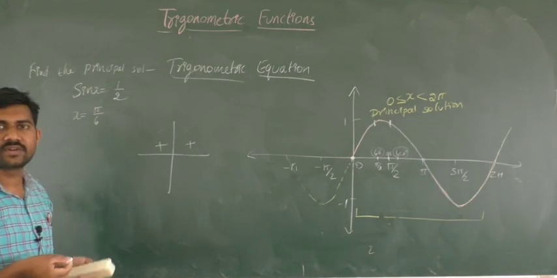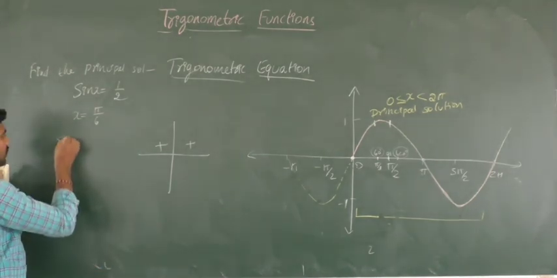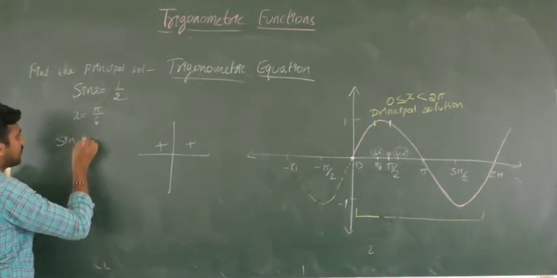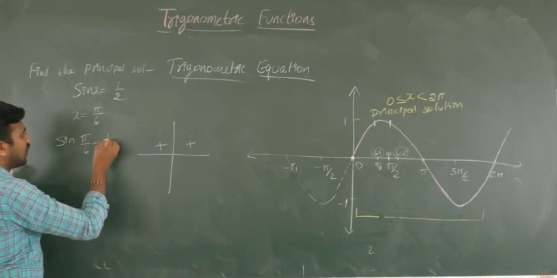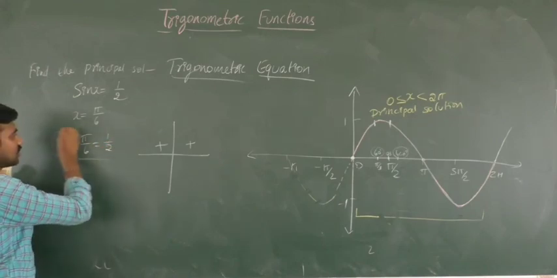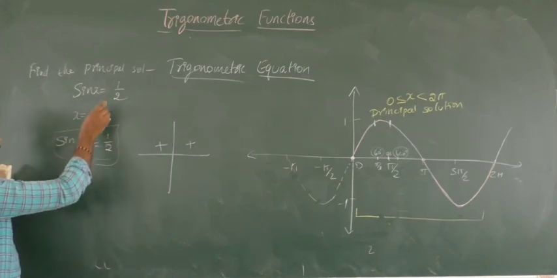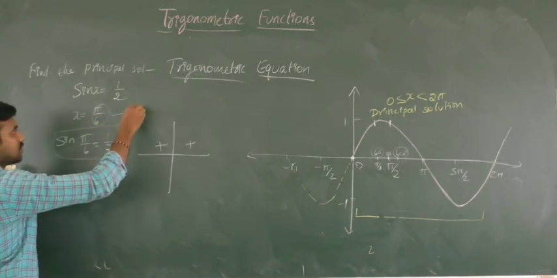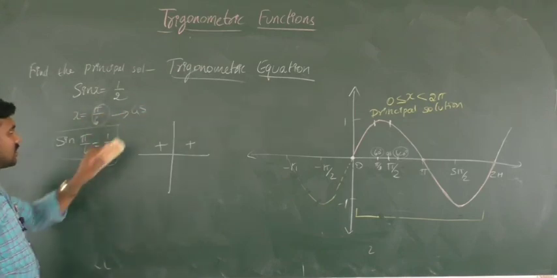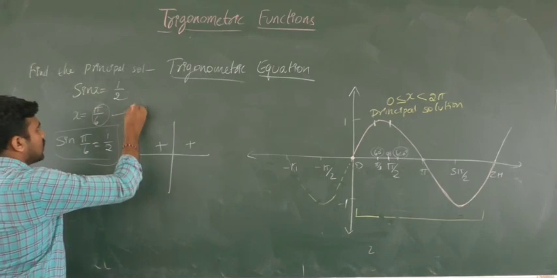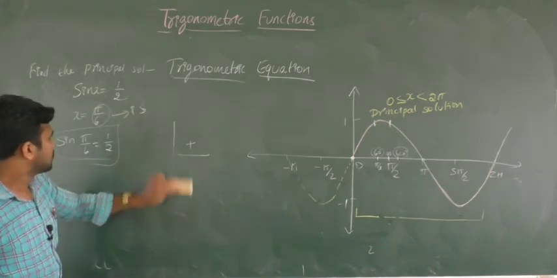Sin 30 degree is equal to half, that is sin pi by 6 is equal to half. One of the principal solutions is pi by 6.